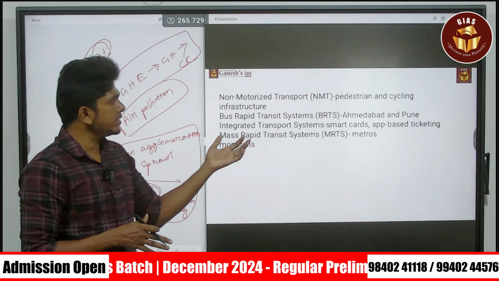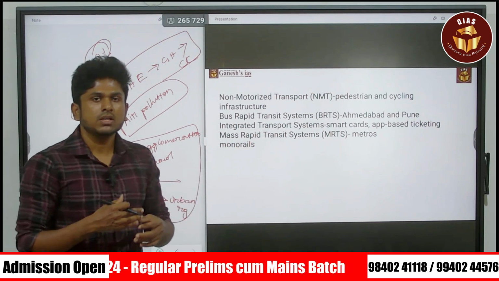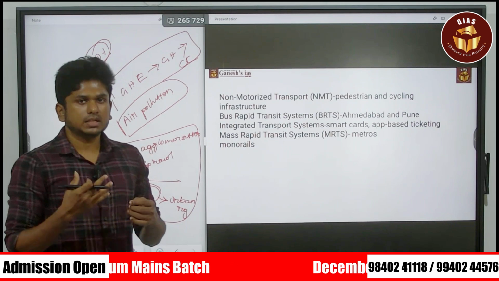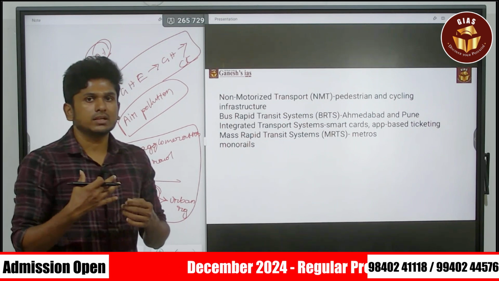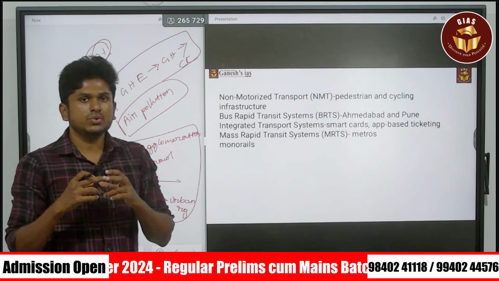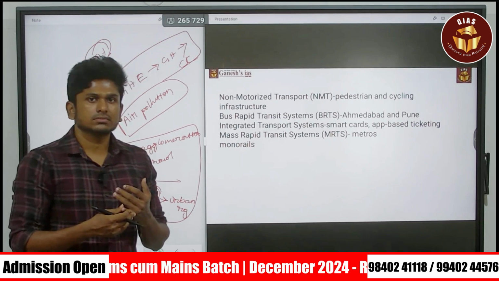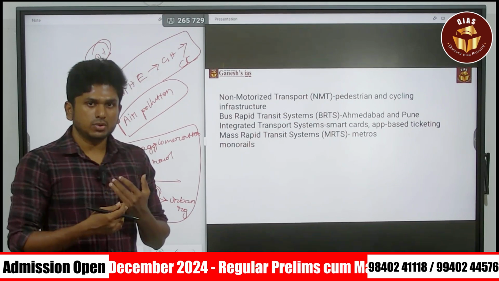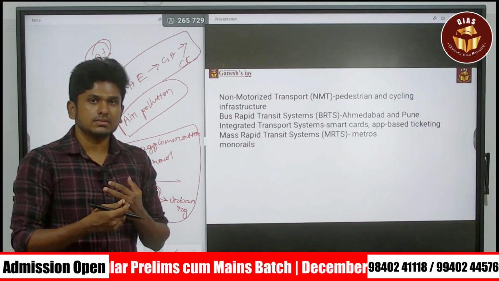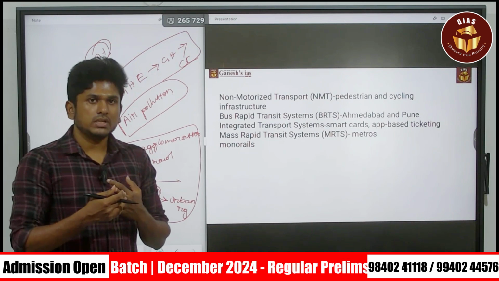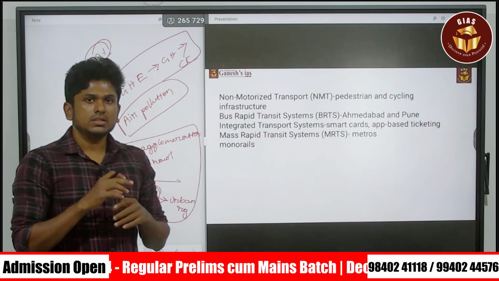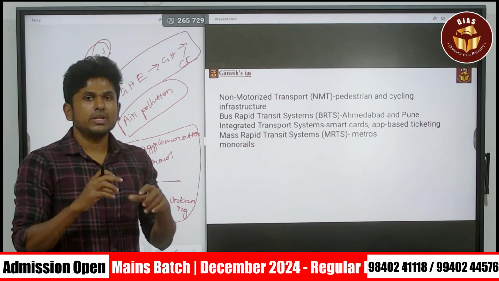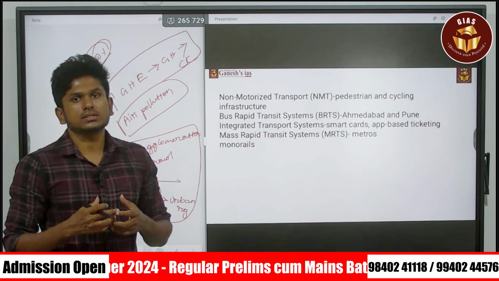Next, the integrated transport system. It is nothing but smart cards. For example, the government recently released a card that can be used in any metro city. You can use it in the metros, in the buses, and in suburban trains. It is a card that can be recharged and used anywhere.